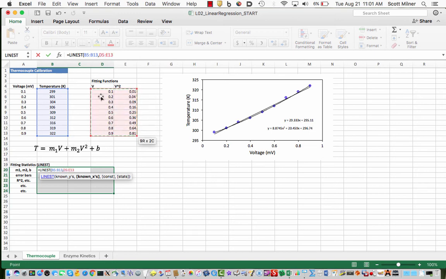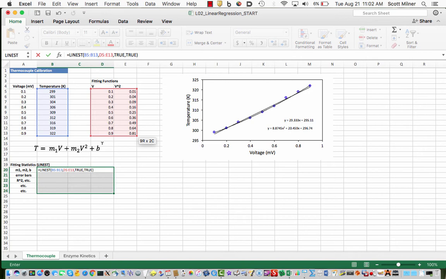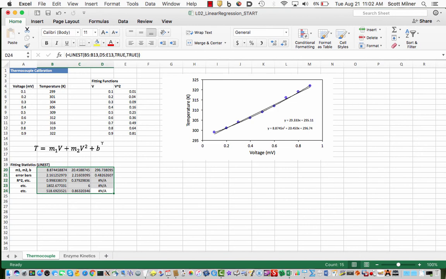And that's why I put these two columns together, just so I could highlight this whole range all in one go. And then, as before, for some reason that I don't know, you type true, comma, true, comma, true, close parenthesis, don't hit return, hold down Command, Shift, and then hit return with your tongue held just so, and it fills in the numbers that you're looking for.